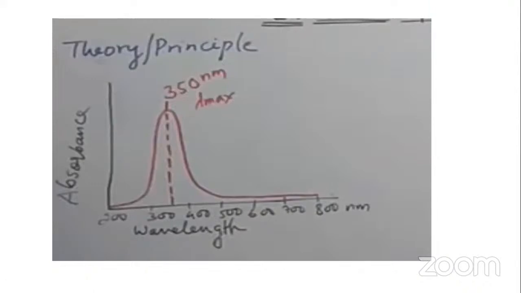Here the excitation of electrons goes from HOMO to LUMO. That is the maximum absorbance at 350 nanometers, which we call lambda max. So at 350 the transition occurs from HOMO to LUMO.